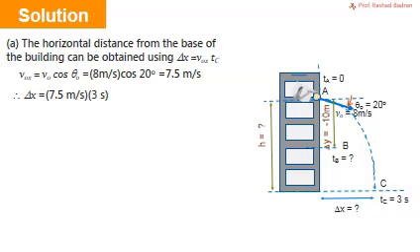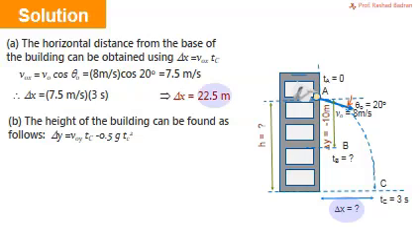Now, to find delta x, simply insert this value together with the given time of 3 seconds. That's the time of flight. Then you will get an answer of 22.5 meters. This is for delta x.